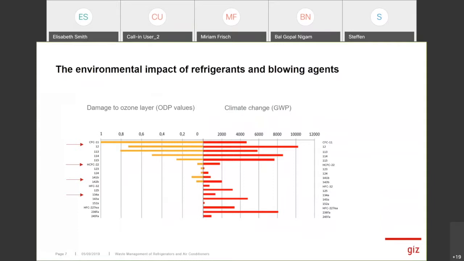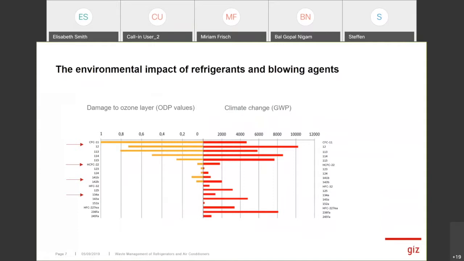And I will maybe mention also R134a, which has no ozone depleting potential, but a global warming potential of 1,600 times that of CO2.